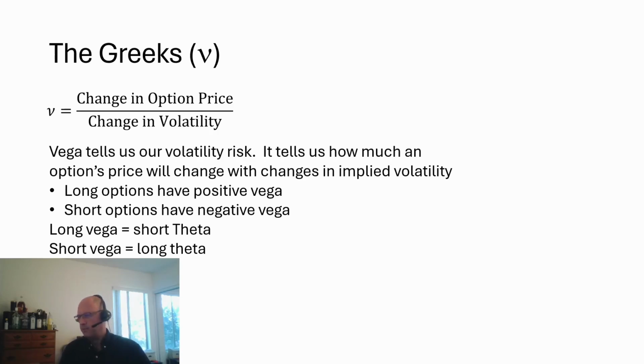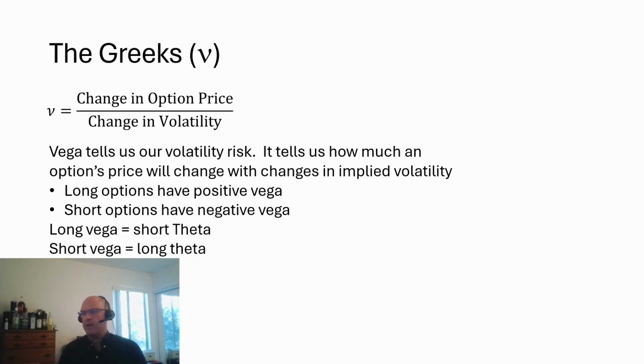If you are short the option, it has a negative Vega and its price will drop with decreasing volatility. So as somebody who sells options, we want to sell them into high volatility, hoping that it will go lower. Because if we're selling options when volatility is low, there's less money to be made, and then there's always the possibility of volatility expansion, which would hurt a short options position.